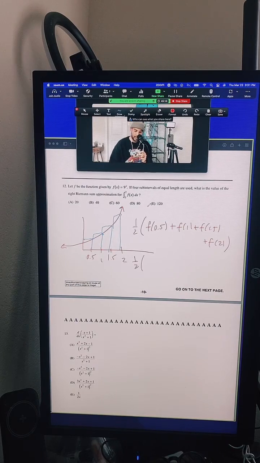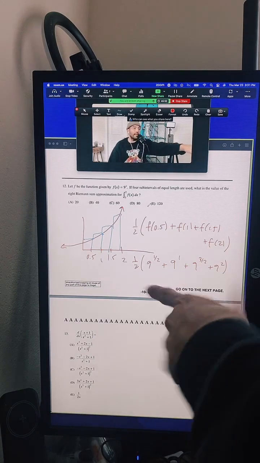This becomes 1/2 times 9 to the power of 1/2 plus 9 to the power of 1 plus 9 to the power of 3/2 plus 9 to the power of 2.